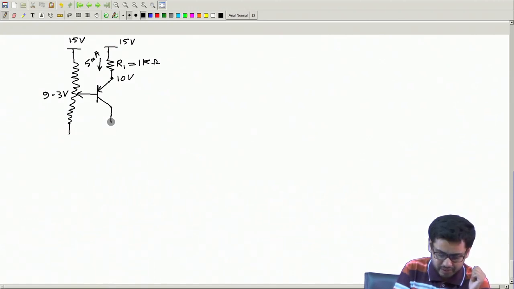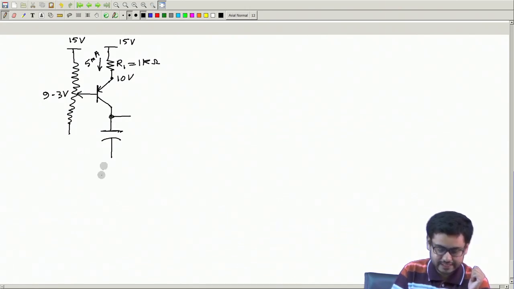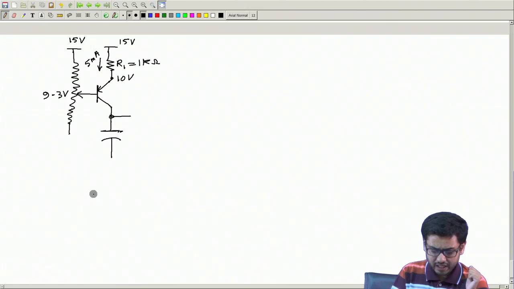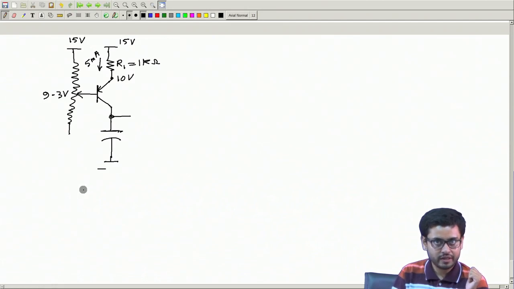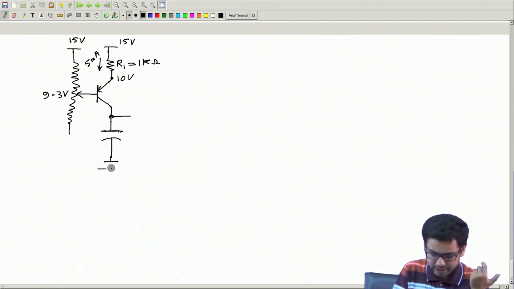Now this 5 milliampere current I will take to a capacitor. So this capacitor voltage will increase, and the other side I will keep possibly at a negative voltage, maybe minus 10 volt, some negative value.